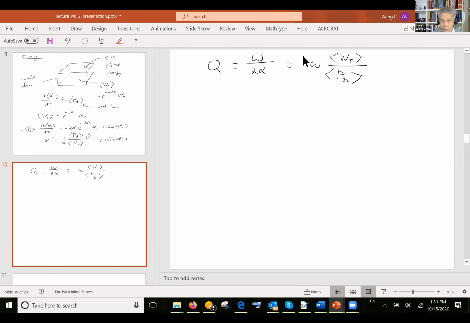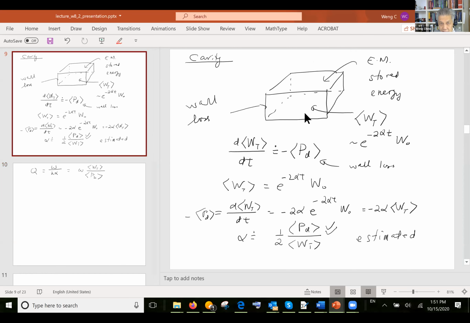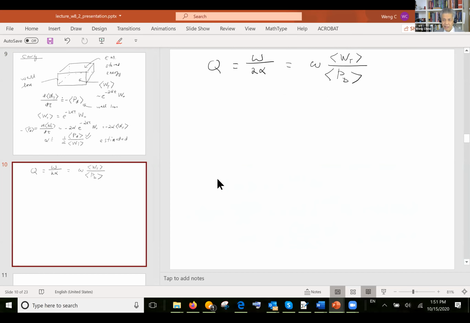Also in microwave, you would want to increase the stored energy. So the larger the cavity, the higher the Q, because then the ratio of wall loss to cavity energy stored becomes smaller. Okay, are there any questions so far regarding the concept of what a Q is?